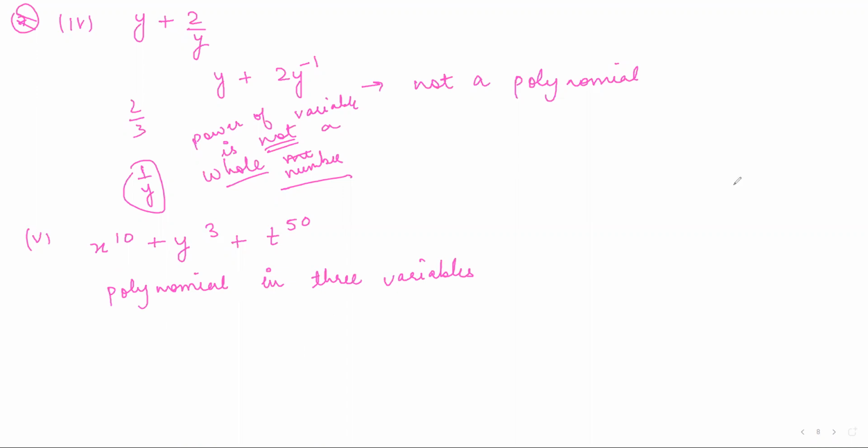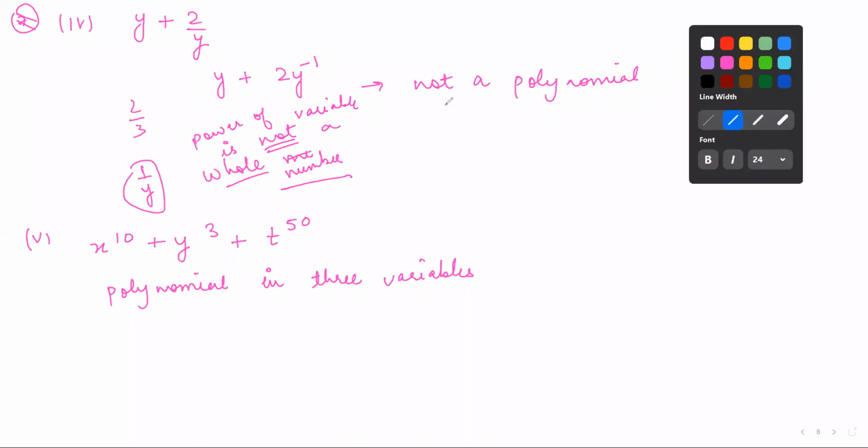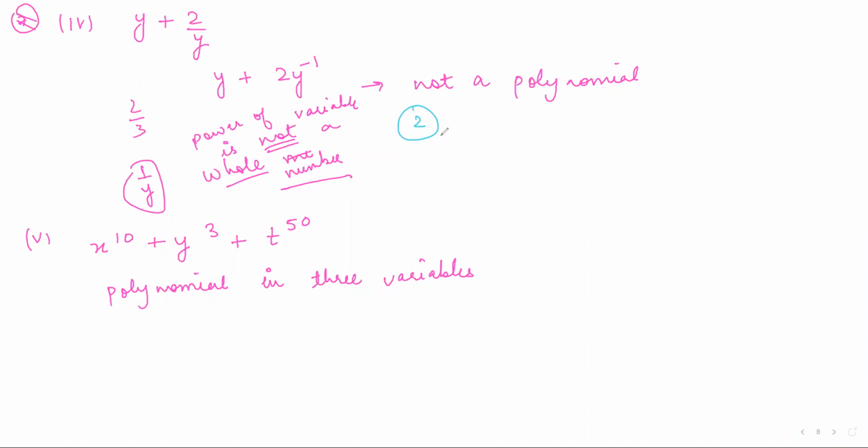Understood? Right. Now question number 2. Write the coefficients of x square in each of the following. So first is 2 plus x square plus x.